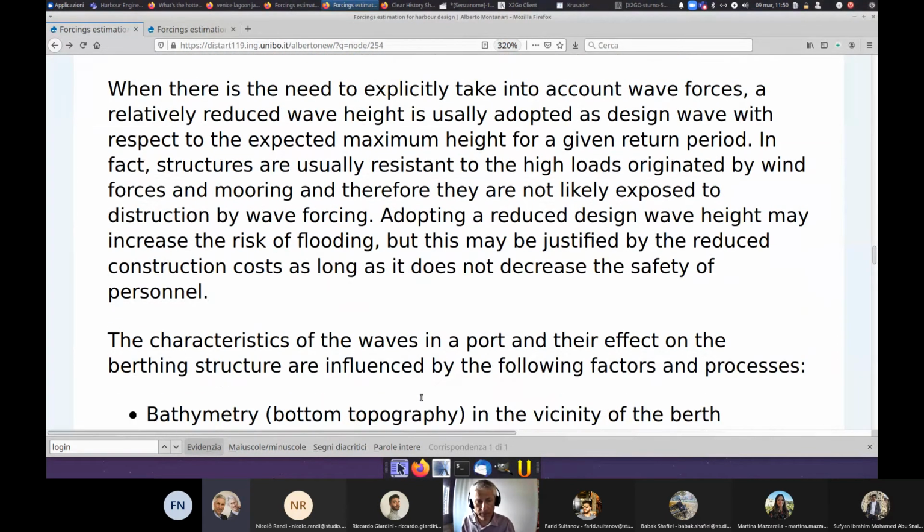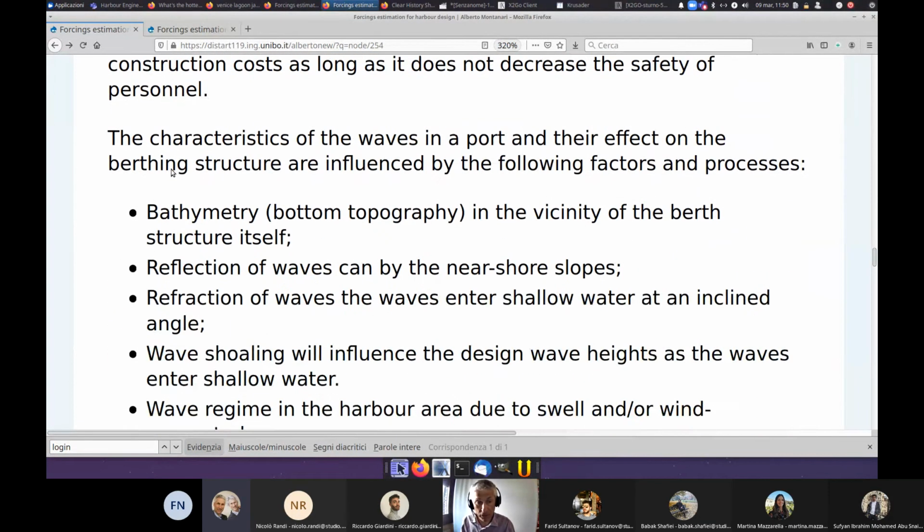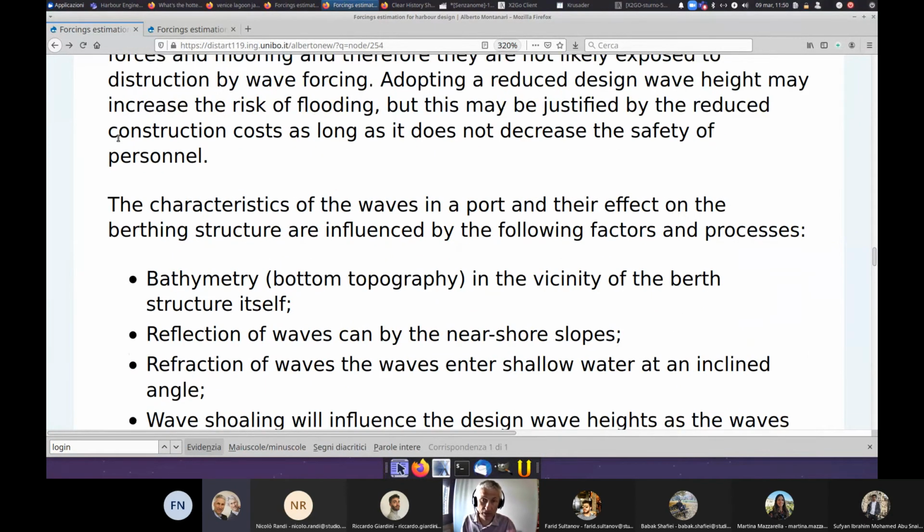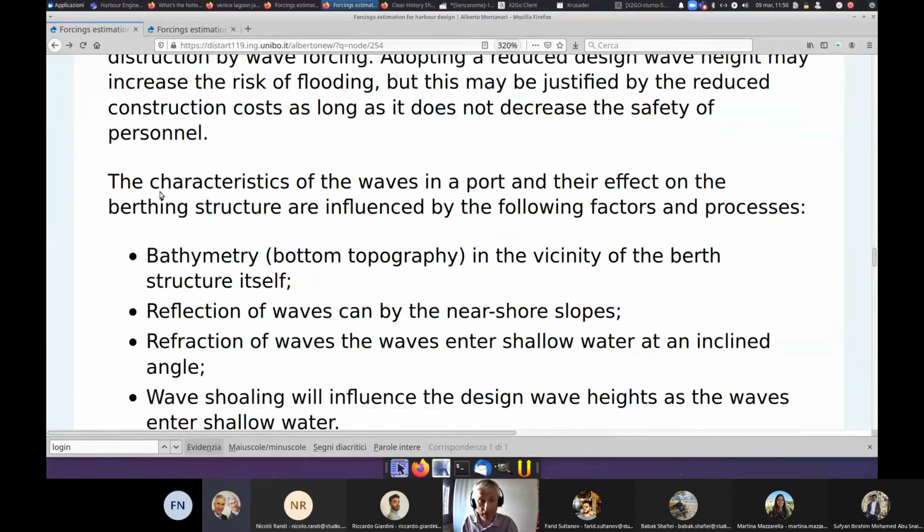Now, in particular, let's keep in mind that we need to refer to a return period, and we will need to define it when we refer to wave height estimation.